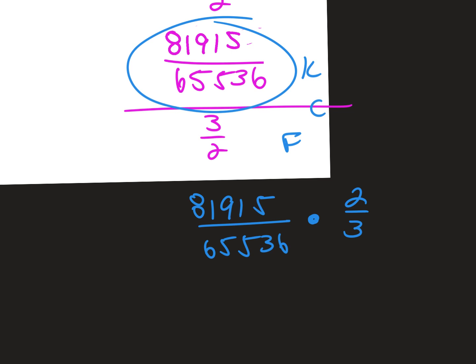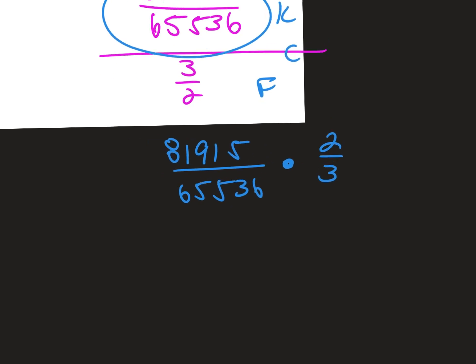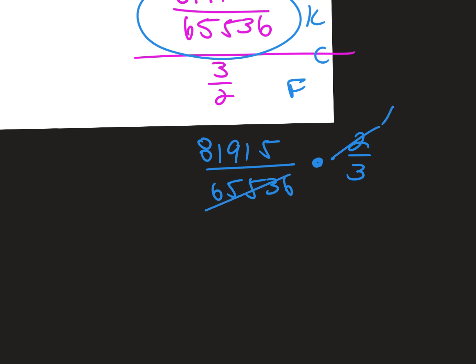Now I know 2 is going to go into my denominator. How do I know that? Because it ends in a 6. So 65536 divided by 2 becomes 32768. Okay. Add up the digits of the numerator. 8 plus 1 plus 9 plus 1 plus 5 is 24. Does 3 go into 24? 3 goes into 24, so that means 3 will go into that top one.